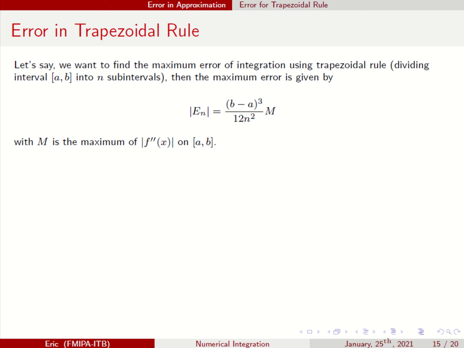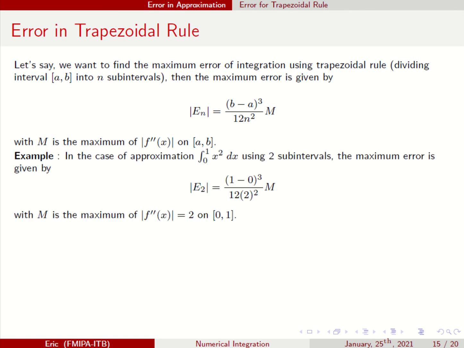Then the error is given by this: the absolute value of En is less than or equal to (b minus a) cubed over 12n squared, times M. Oh sorry, this is the maximum error. Where M is the maximum of the absolute value of f double prime x, the second derivative of f, on the interval a, b.